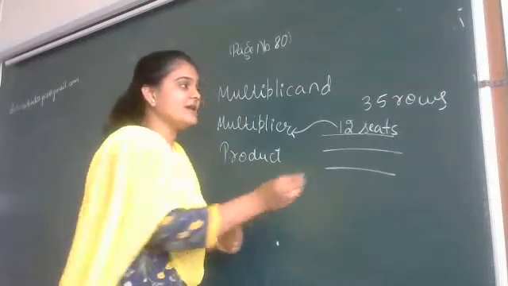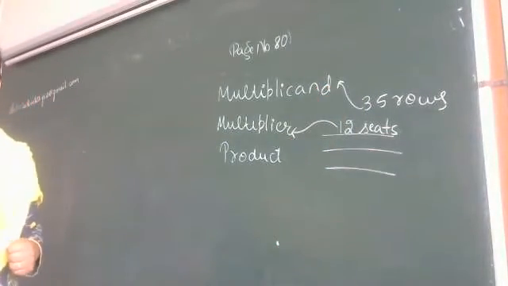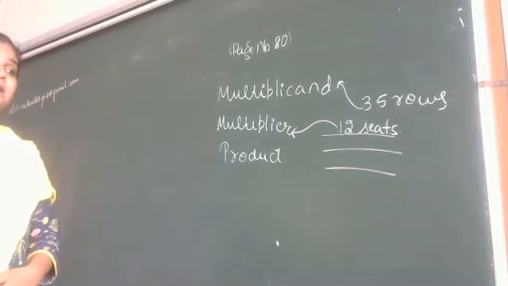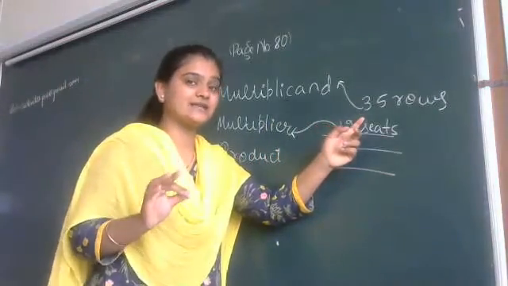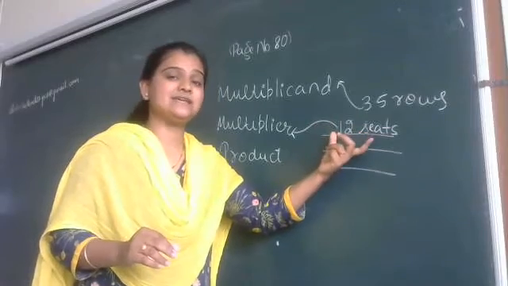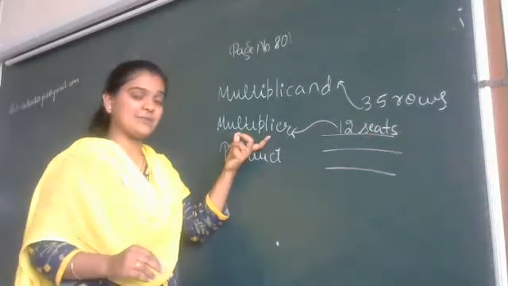Is it clear? 35 is our multiplicand. Children, did you understand what is multiplicand, what is multiplier? 35 rows are there in a cricket stadium. In each row we have 12 seats capacity. 12 will be our multiplier.